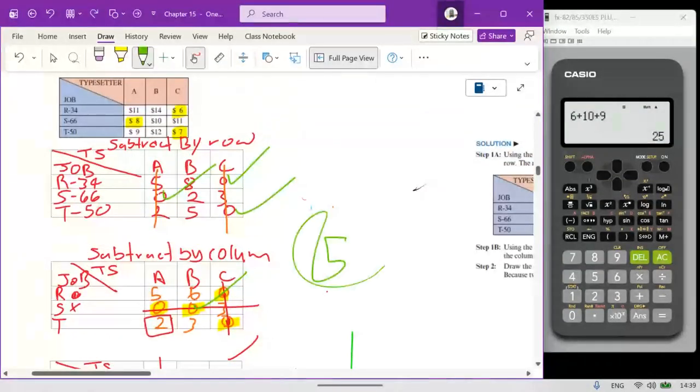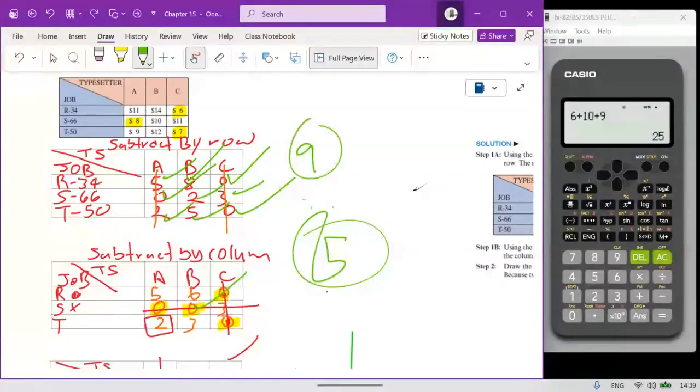No, but I'm wrong. I'm lying. This one must be marked, all of them. They were substituted. Okay? So here we have a 9 here. And then here you minus 1, which is a 1, which is fine.